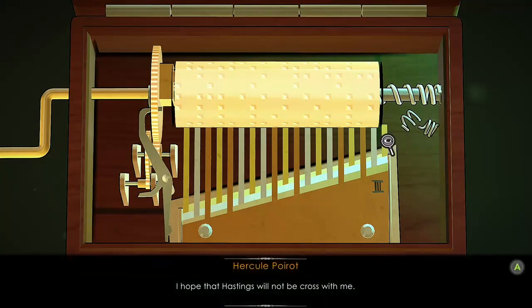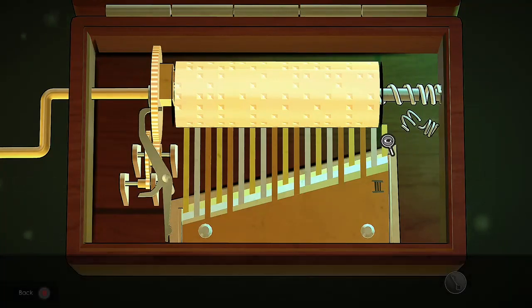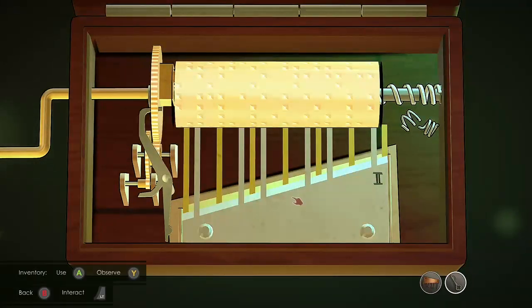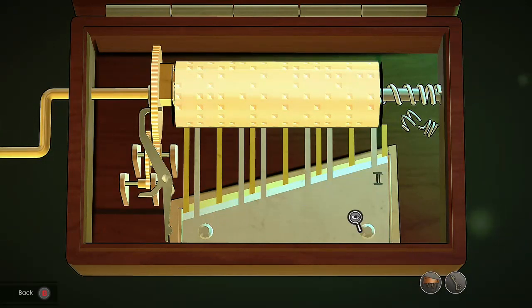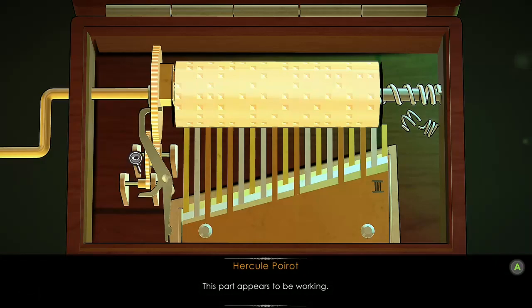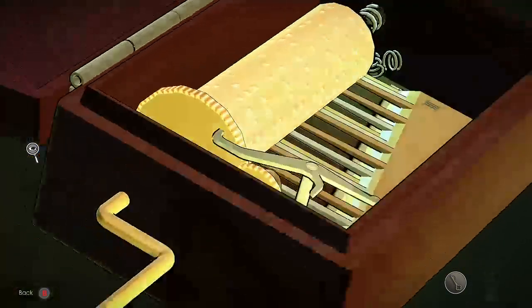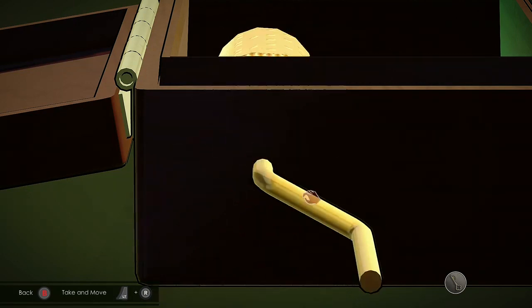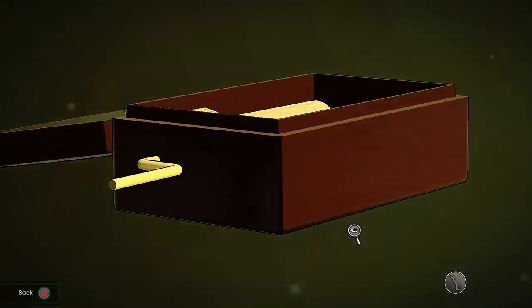Replace the string. I hope Hastings will not be cross with me. I'm sure he'll be fine. Oh, bugger. This part appears to be working. Oh, bugger.